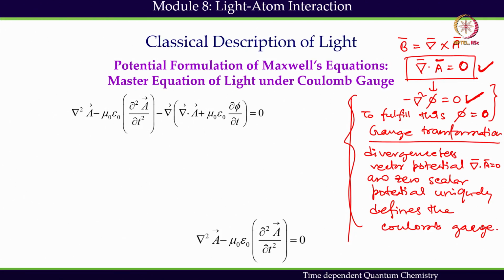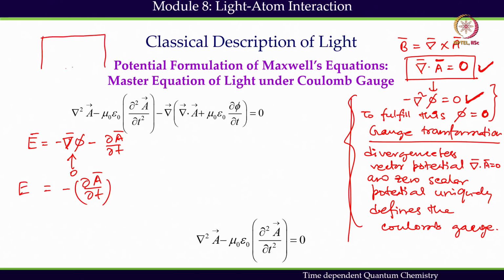So if it is so, then one can readily write down this E. We had seen that E has this form, minus, this was the electric field representation, and because we are saying that this part is 0, E is nothing but the time derivative of the vector potential.